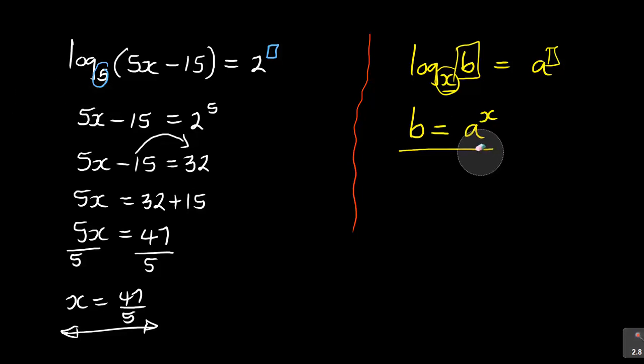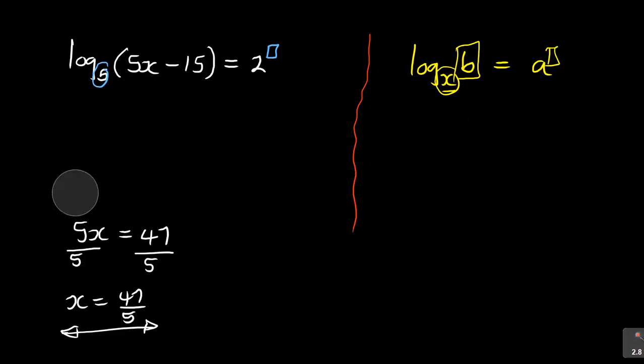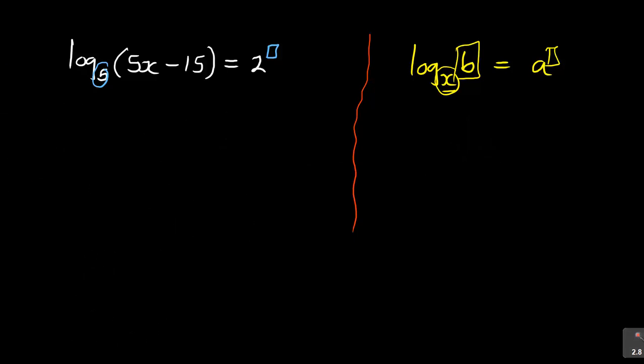Actually the law was done wrong here. Let me correct this. Apologies. I just mixed up the law here. Remember, I have got log in base x of b is equal to a.